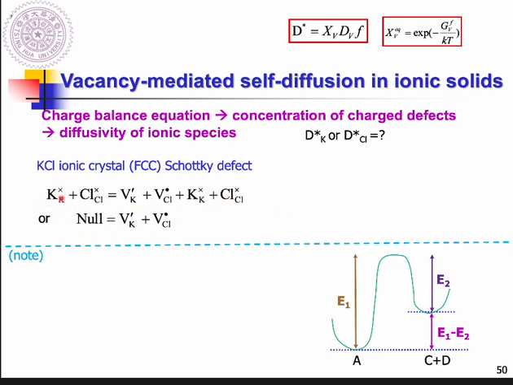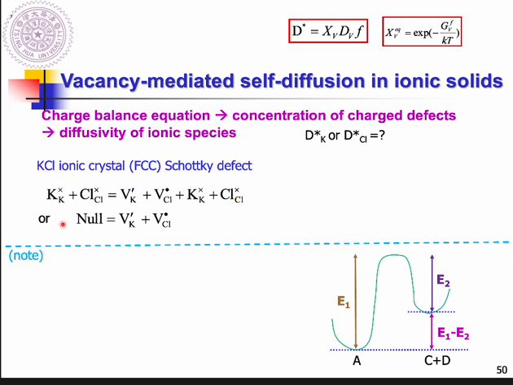What this means is that before, potassium at potassium site is neutral and chloride at chloride site is neutral. But moving to the right-hand side, they generate a pair of Schottky defects: a vacancy at the potassium site with one negative charge, and a vacancy at the chloride site with one positive charge, and the rest are potassium at the potassium site and chloride at the chloride site. So moving to the right-hand side represents that Schottky defects are formed in these ionic materials.